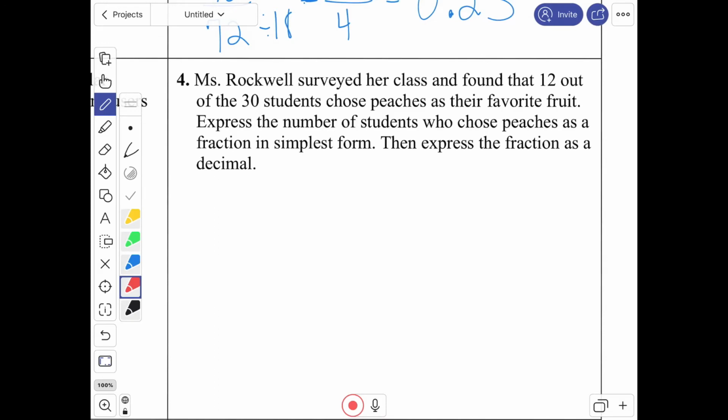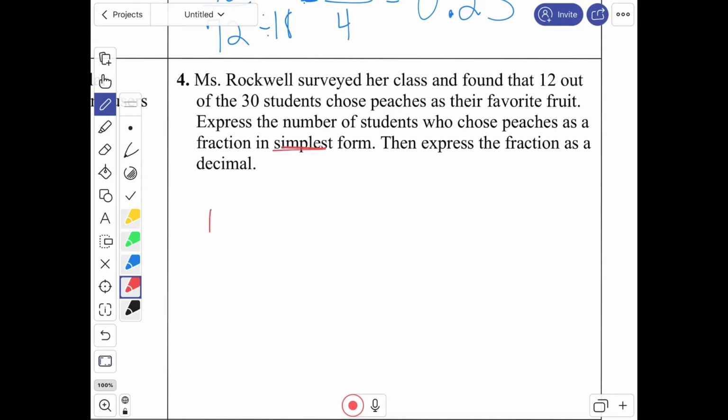Number 4. Miss Rockwell surveyed her class and found that 12 out of the 30 students chose peaches as their favorite fruit. Express the number of students who chose peaches as the fraction in simplest form. Then express the fraction as a decimal. This time we have to write it as a fraction and put it in simplest form.